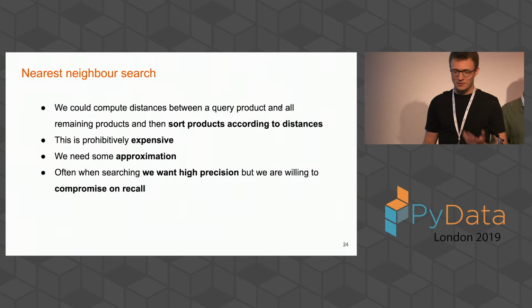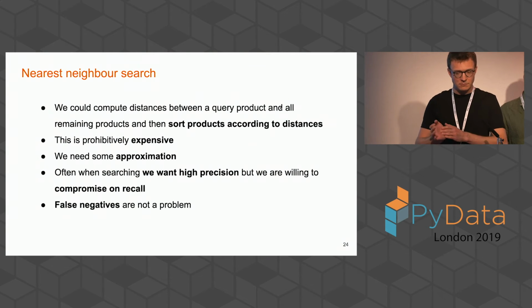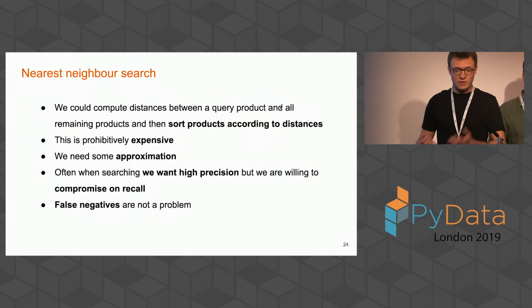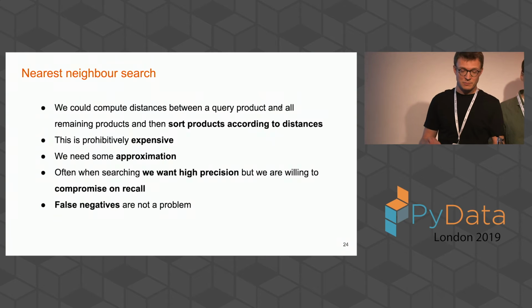We basically follow this principle. We try not to have false positives, but if we have some false negatives, there is no problem for us, because what we care about is having relevant recommendations for a given product. If some relevant products are not presented on this shelf or carousel, the user does not know about it.